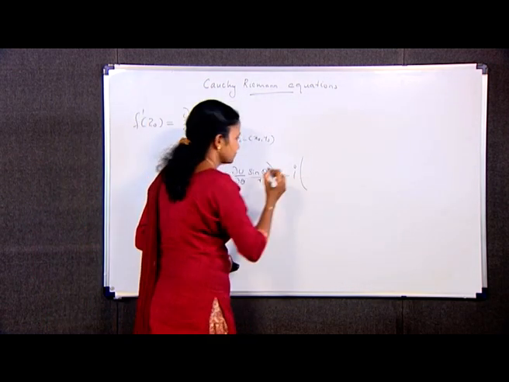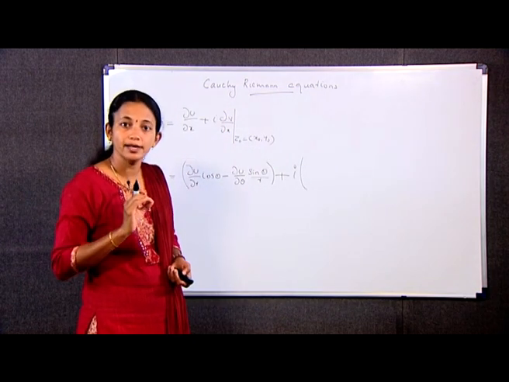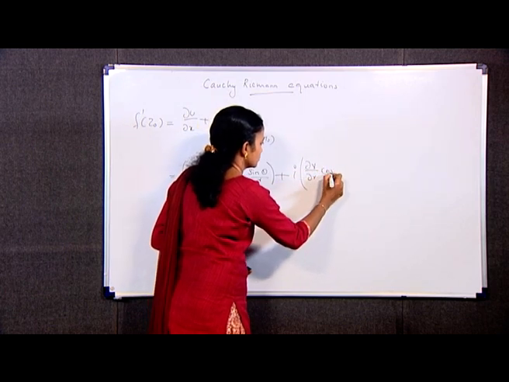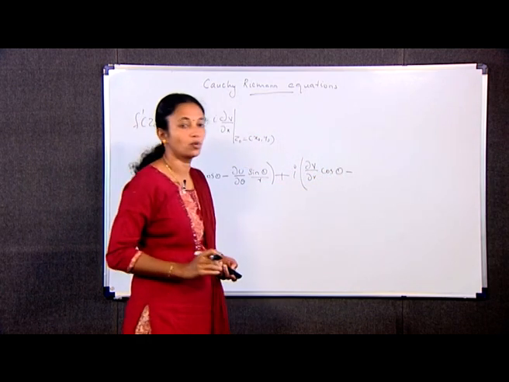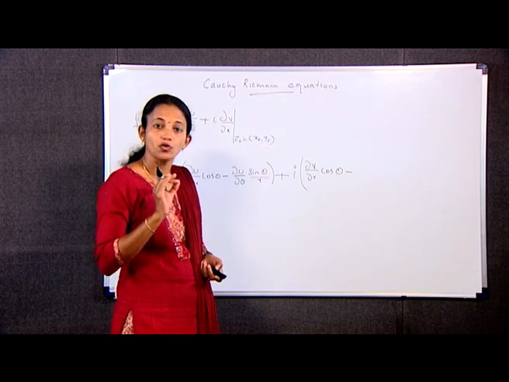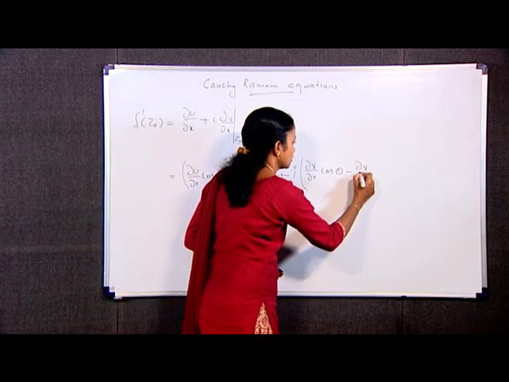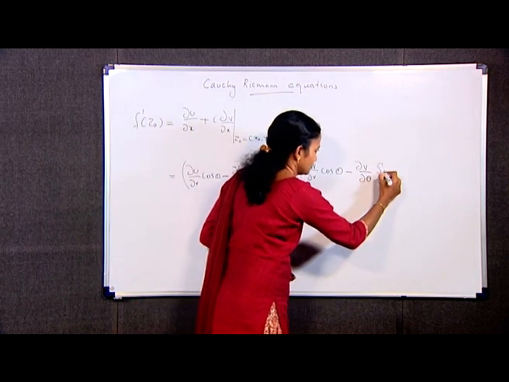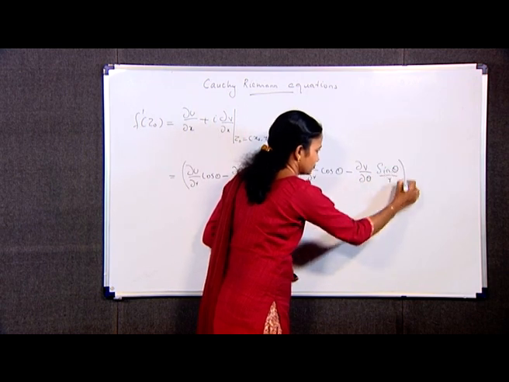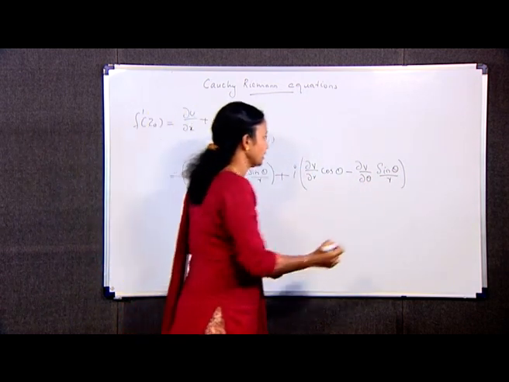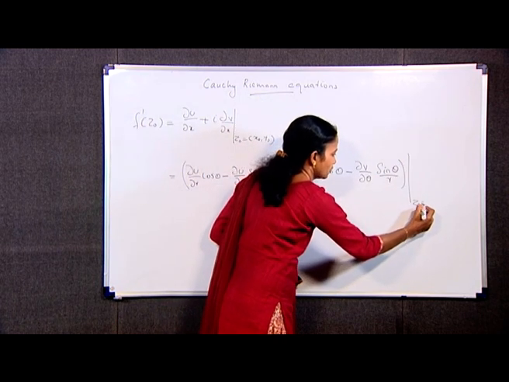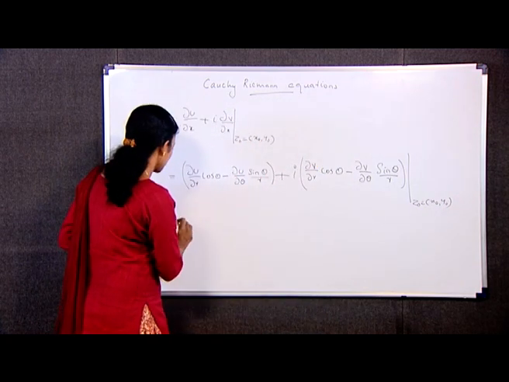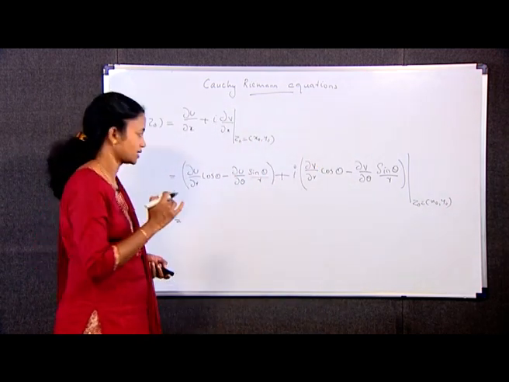plus i into the second term, we have dou v by dou r into cos theta minus dou v by dou theta into sin theta by r, at the point where z naught is equal to x naught y naught. This on simplification, we can take cos theta terms together.